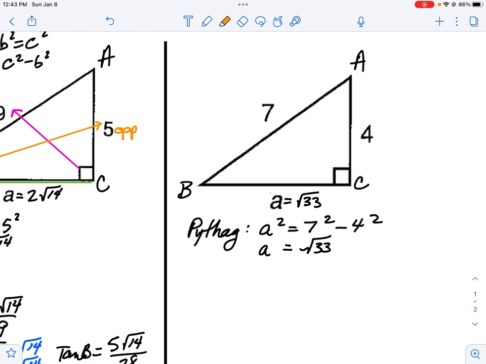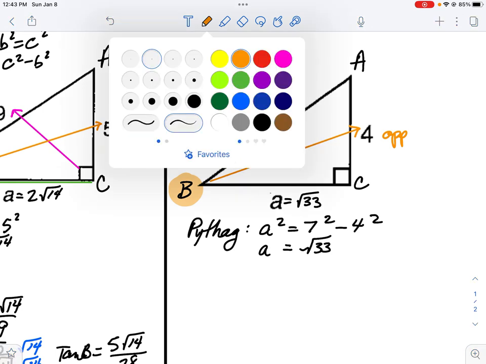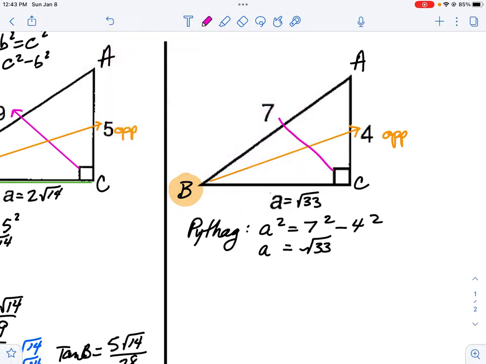We are again going to find B. Because that's B there, this is the opposite. Because this is the right angle, this is the hypotenuse. And because this is the piece that is touching angle B, this is the adjacent piece.